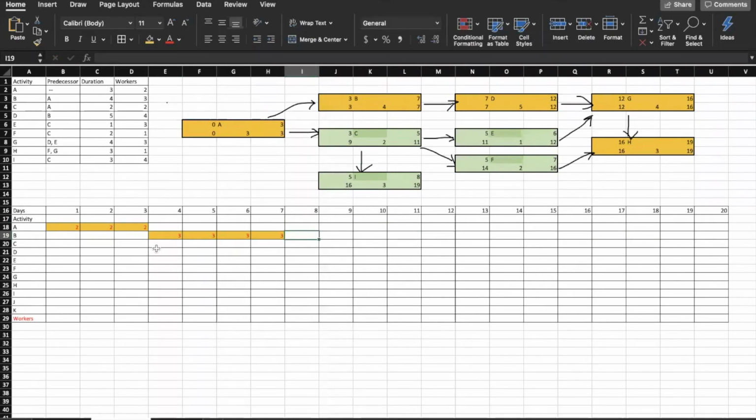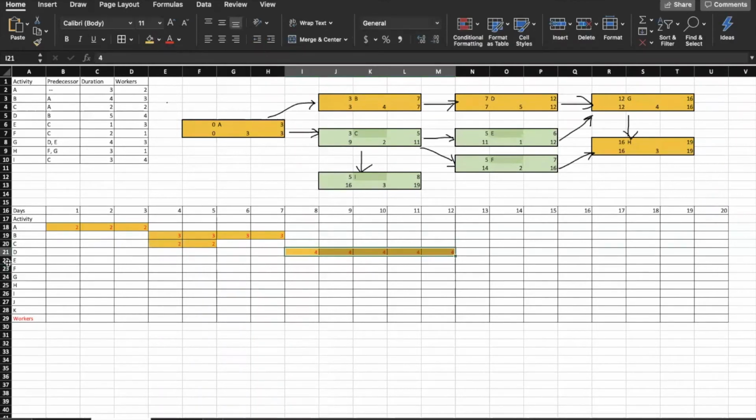Activity C starts right after A, which means day 4, and it will take 2 days and 2 workers for each of the days. Then activity D would take 5 days and 4 workers right after B, so that means day 8, and 4 workers for each of those days.